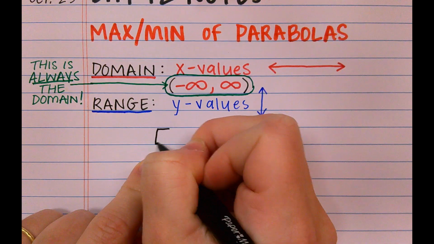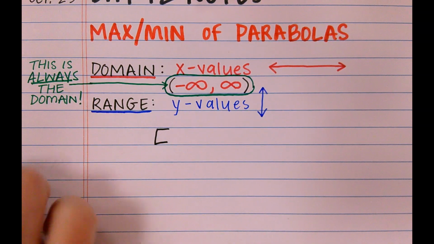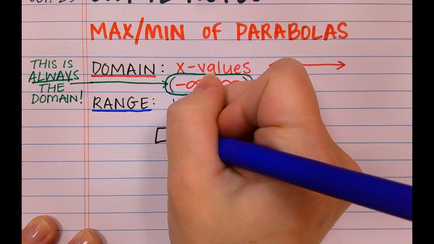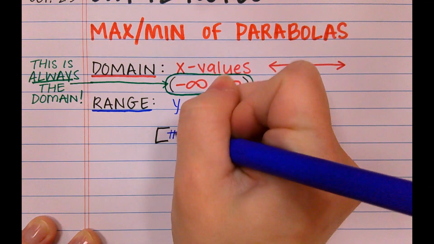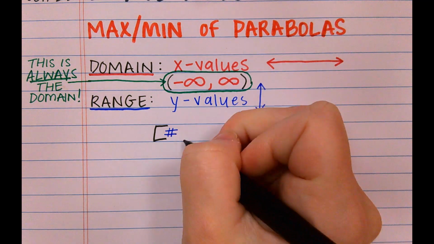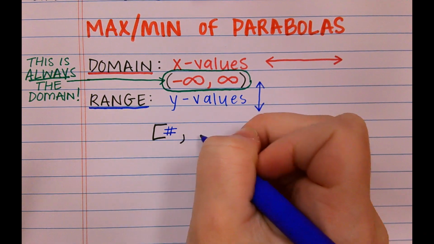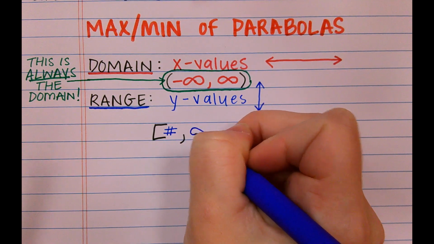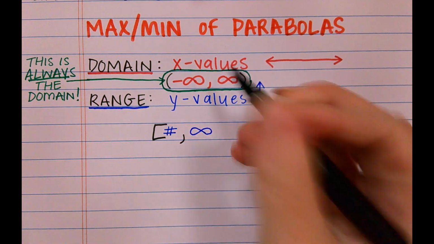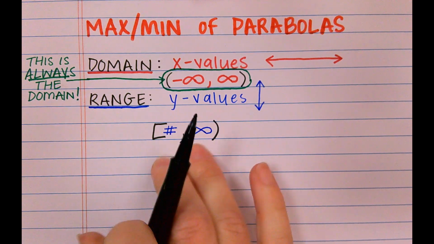I'm going to say, first we have a bracket, and then we have a number, comma, and then we have infinity, parenthesis. And I'm going to show you what this means. Right now, this might look like gibberish.